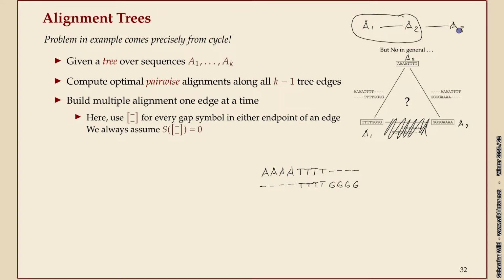And now we add in A3. And so we have an alignment with A2. I should probably write down, let's not be confusing more than necessary. Let's say this is A1, this is A2. Now I'm trying to add A3. I have an alignment with A2, which is right here.